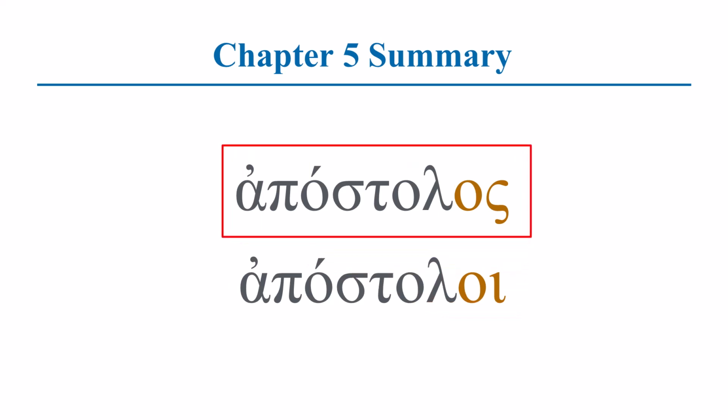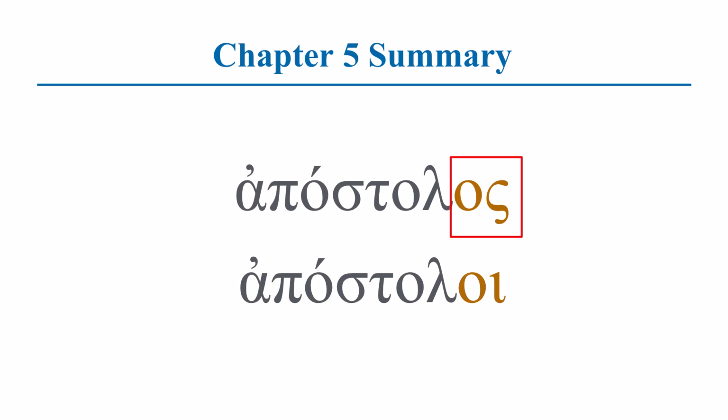For example, you have the word apostolos. Apostolos means messenger, or it means an apostle. But then we can write apostle in the plural by simply changing the case ending. Instead of omicron sigma, we put omicron iota, because omicron iota is the plural. And this comes from knowing the paradigm.